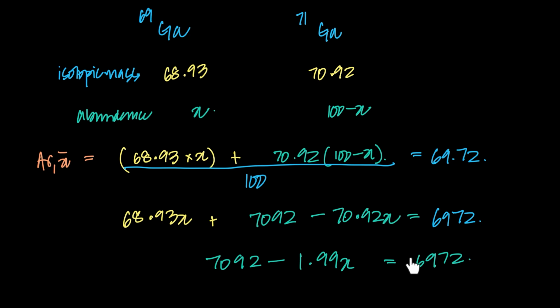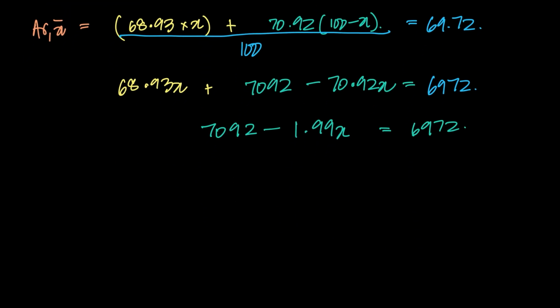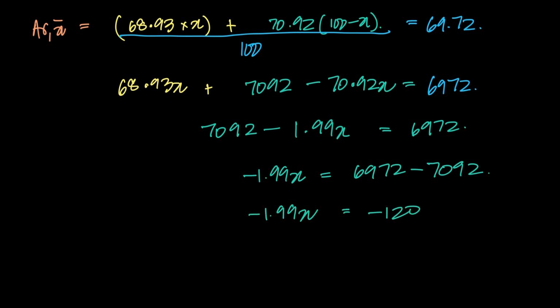Take this fellow that side or that fellow that side, either way it doesn't really matter. You know the algebra from here. So what do I get? I get minus 1.99x equals 6972 minus 7092. That becomes minus 120. And so what you get is x as 60.30%. So let's just write that, 60.30%.